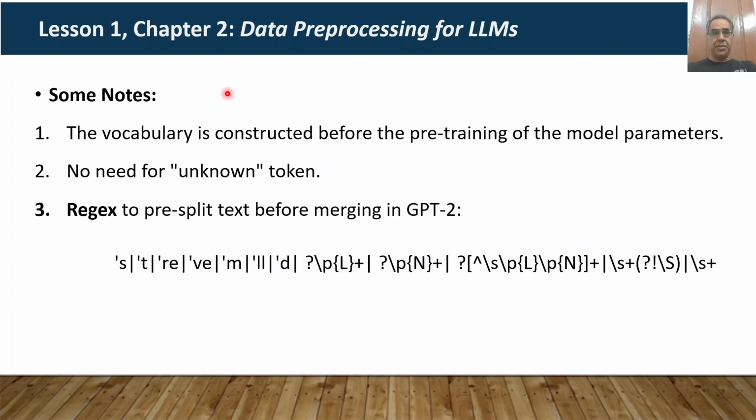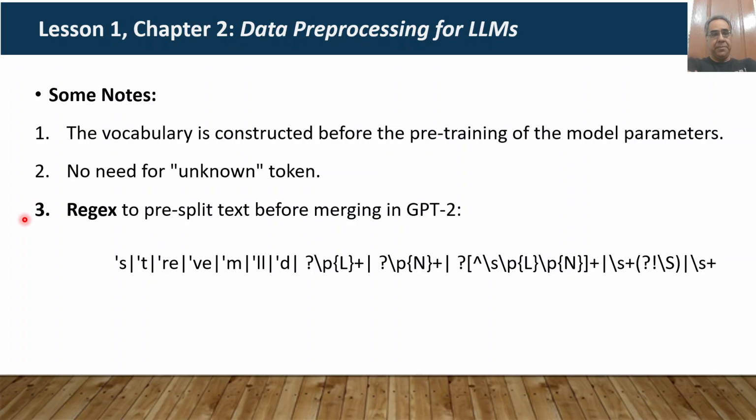Here are some notes regarding using BPE for tokenization in GPT-2. First, the vocabulary is constructed before the pre-training of the model parameters. Two, there is no need for an unknown token because every unseen character can still be broken into its underlying bytes.